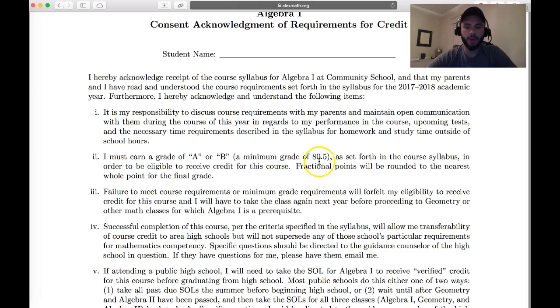So if you have a minimum grade of an 80.5, it would be rounded to an 81 and you would have a B for the class and you would pass. That is the absolute minimum you can have and pass the class. Anything lower than that would round to an 80 and you would have a C and you would not have credit. I'm just making that very clear right now.